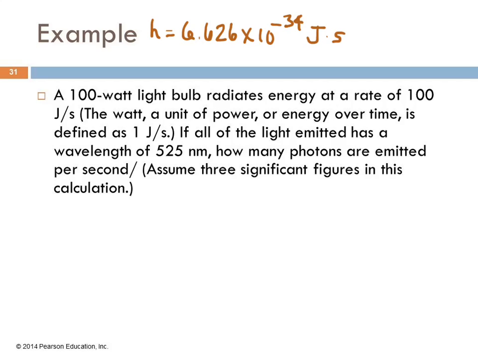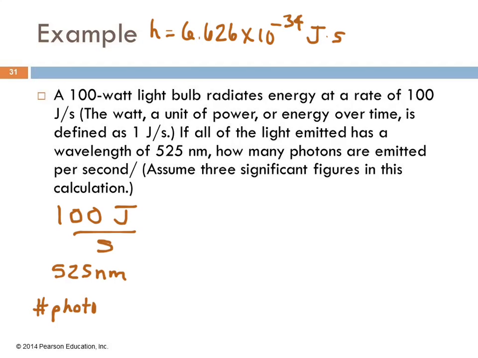We have 100 joules per second. We have 525 nanometers. And we want number of photons per second.